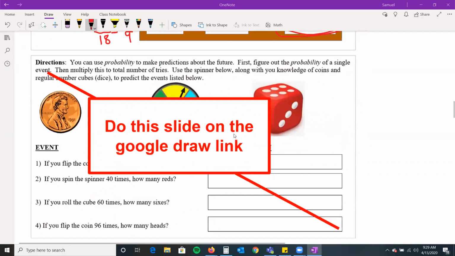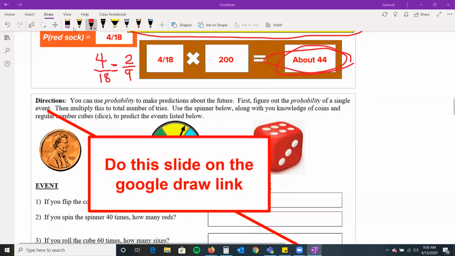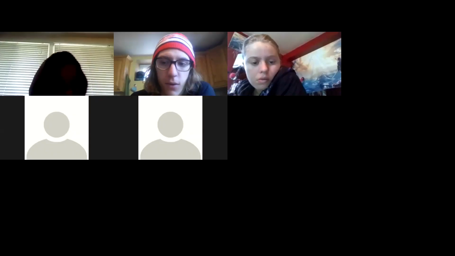Okay. So we have this big red sign. Do this slide on the Google Drive. What I want you to do now is, next to those PowerPoint files on the first post in Google Classroom, there were also 2 draw files. The first of those should have a penny, a spinner, and a die. I want you to go ahead and open that file up. I'll stop sharing here for a sec so you can get that file open.